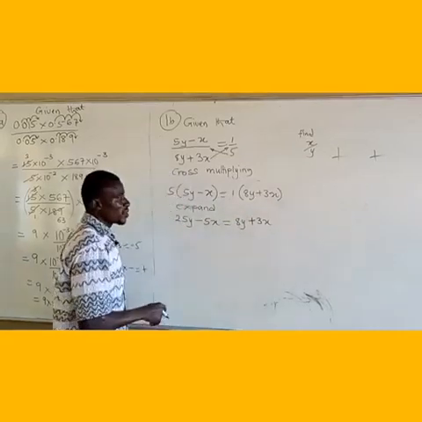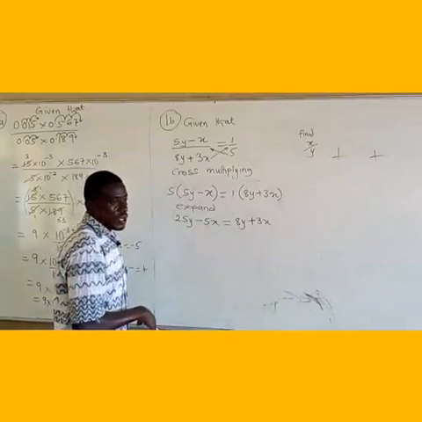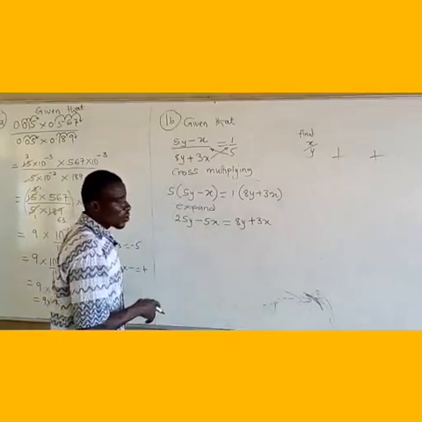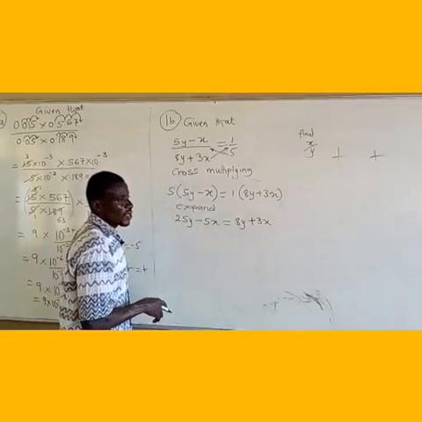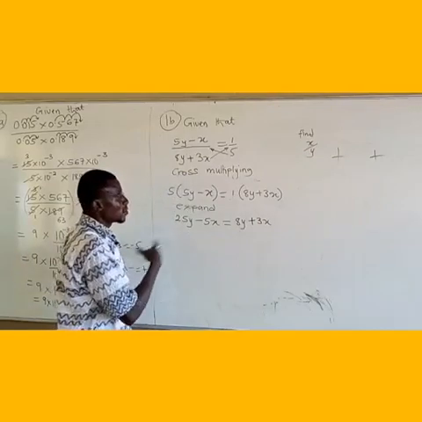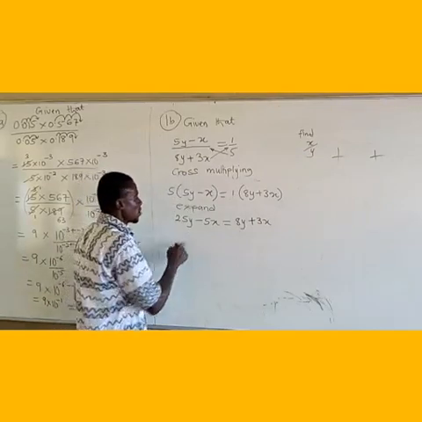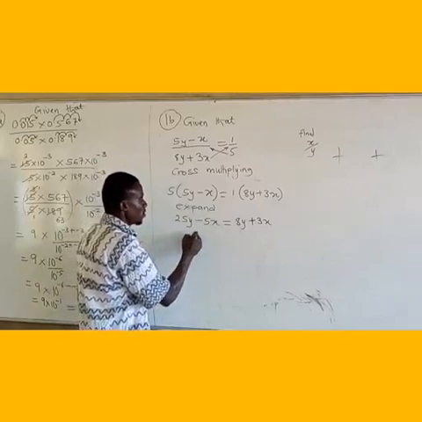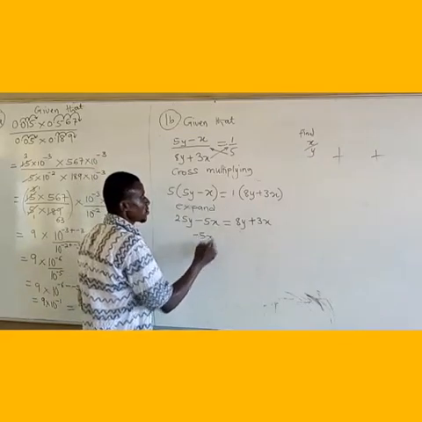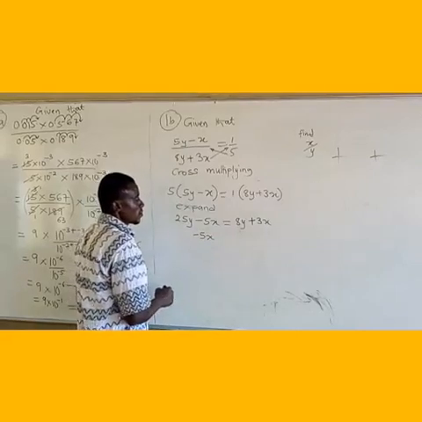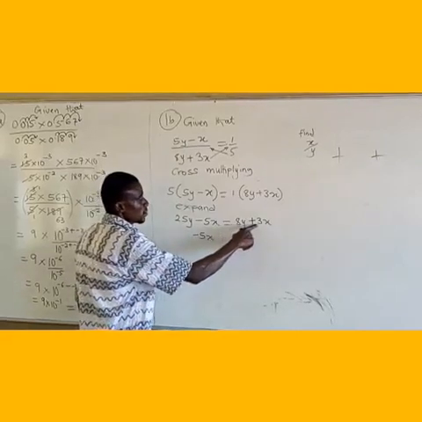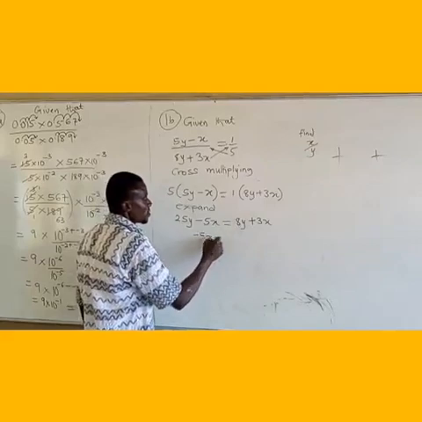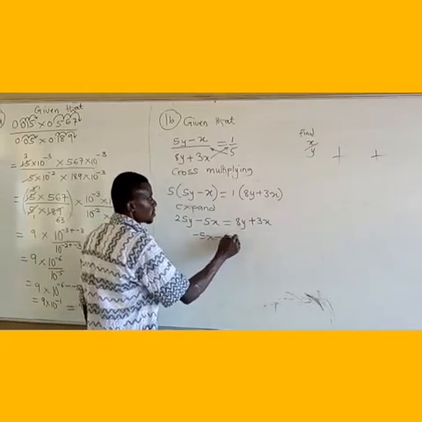So what we do here, we group the x on one side and group the y's on the other side. So x on this side. If you group x on this side, we have minus 5x. This 3x comes to the left, so you have minus 3x.